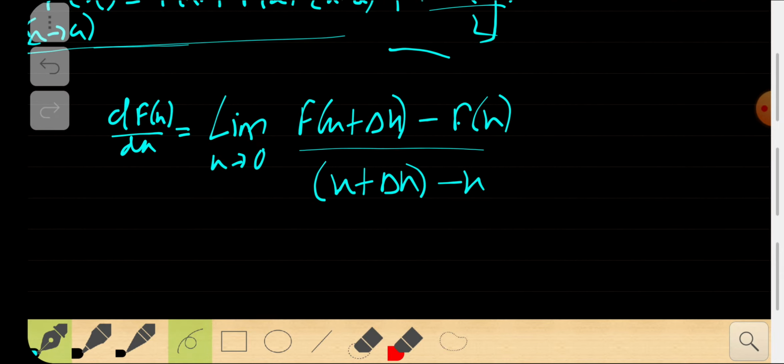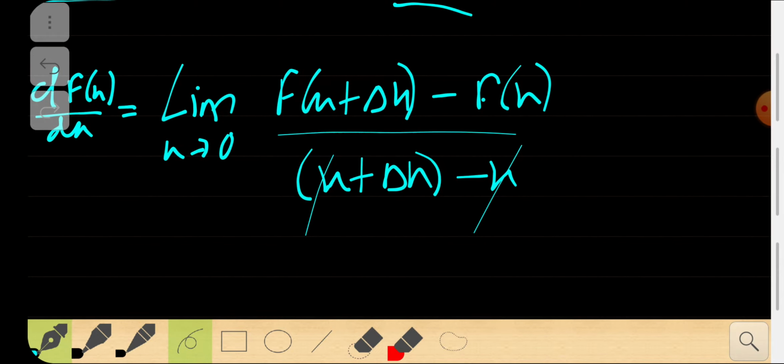So that's df by dx. You can see x and x will cancel when you open the brackets, and you remain with that. So this is equal to f dash x, which is the differential of f with respect to x.